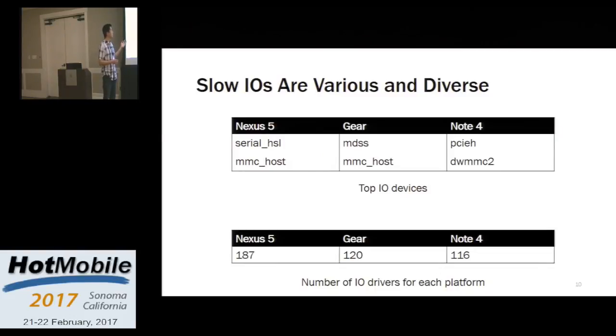Different platforms have different top I/O devices, which means that slow I/Os are diverse. And here is the number of different I/Os on each device. For each device, over 100 I/O drivers contribute to the total I/O power transition delay. So the slow I/Os are various.